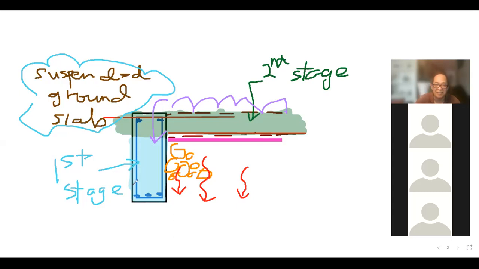The first stage is to concrete the ground beams up to a level below the ground slab level ataupun the soffit of the ground slab, stop di situ, and then put the reinforcement, put in the hardcore layer, everything. Lepas tu baru second stage concreting, and the second stage concreting not only the ground slab tetapi the portion of the ground beam which has been left unconcreted earlier.